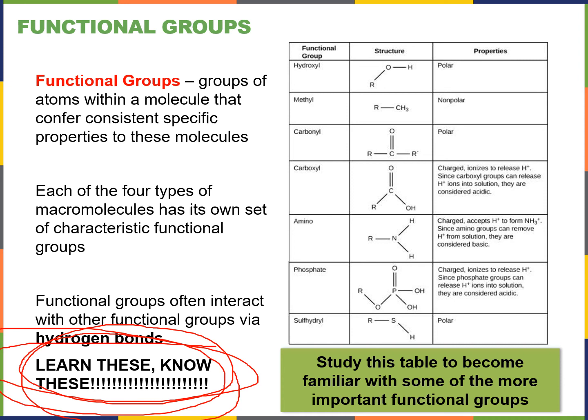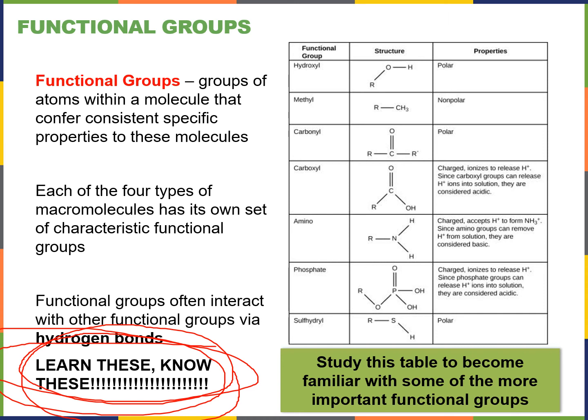What's also interesting is that the hydrogen right here in this hydroxyl is easily released into water. It will increase the concentration of hydrogens in the solution. Think back to chemistry.